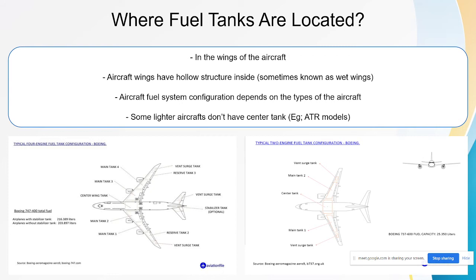Some airplanes have center tanks, while others only have main tanks located at both wings. Aircraft wings have a hollow structure inside, which allows for fuel storage. In other words, these wings that can store fuel are also known as wet wings.